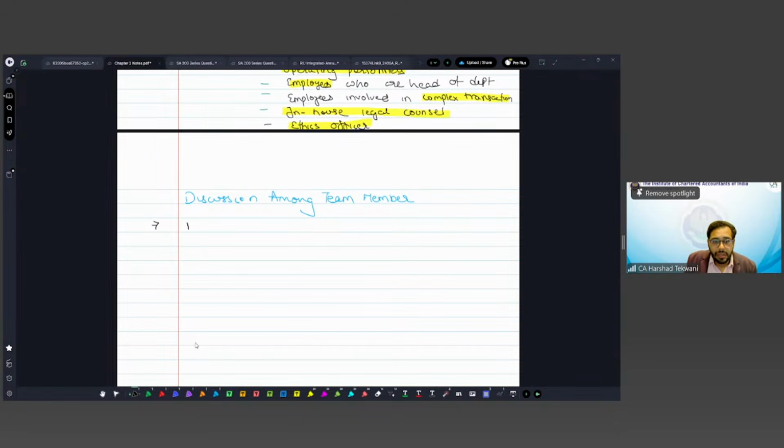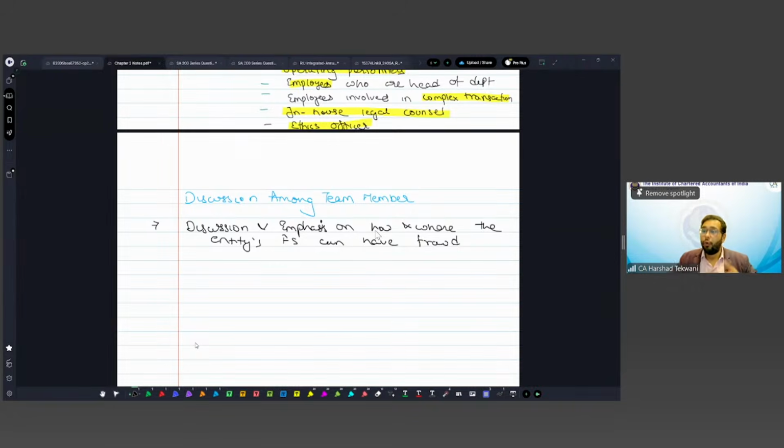So the discussion and emphasis is on how and where the entity's financial statements can have fraud: how there can be a fraud, what schemes employees or anyone in the company can adopt for fraud, where can be fraud, which area. So your discussion and emphasis is placed on that.